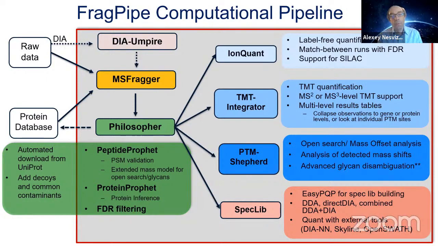And of course, at the core of that, something that's really of great interest to my lab is PTM analysis using open search, mass shift search strategies enabled by fragment indexing of MS-Fragger. So that certainly is a very popular workflow in FragPipe, MS-Fragger, Philosopher and PTM-Shepherd for mass shift annotation. So I'll get back to some of these things a bit later.